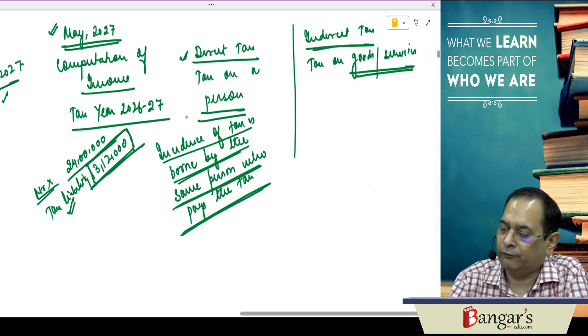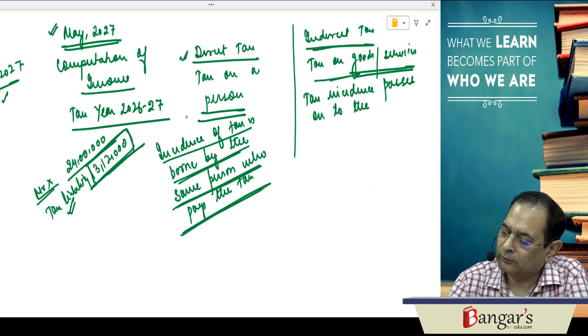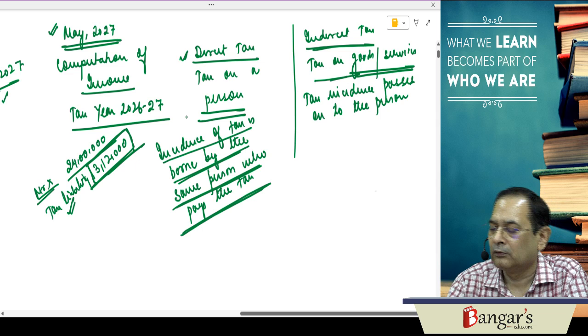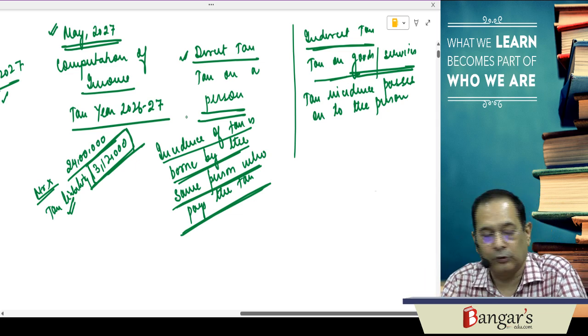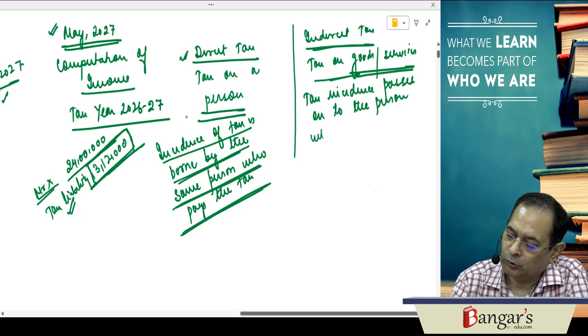Whereas in case of indirect taxes, the tax incidence passes on to the person who ultimately consumes goods or services.